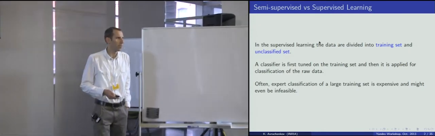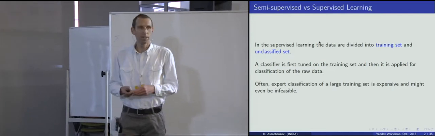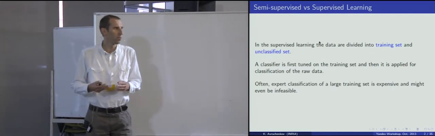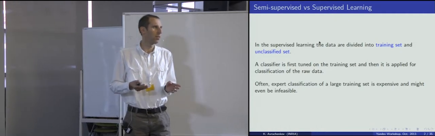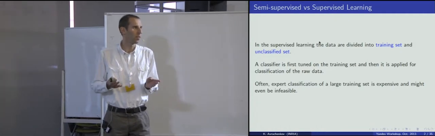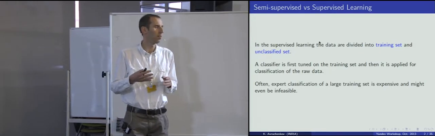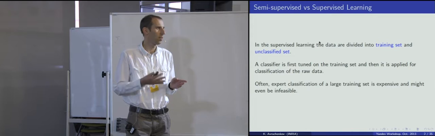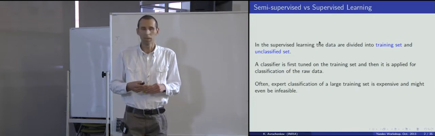So just first a brief recap. The traditional classifiers work this way. We need to divide data in two sets, training set and classification set. And we train a classifier on a training set and then apply it to unclassified data.